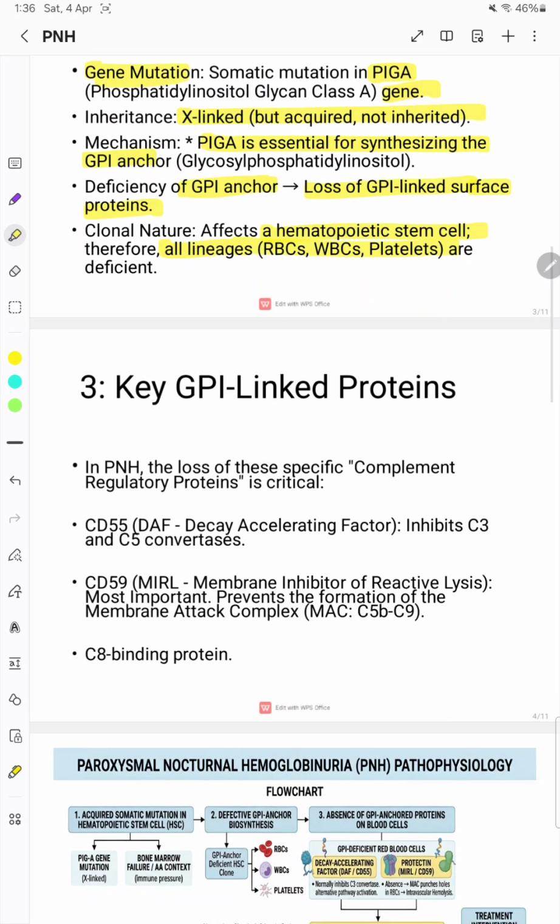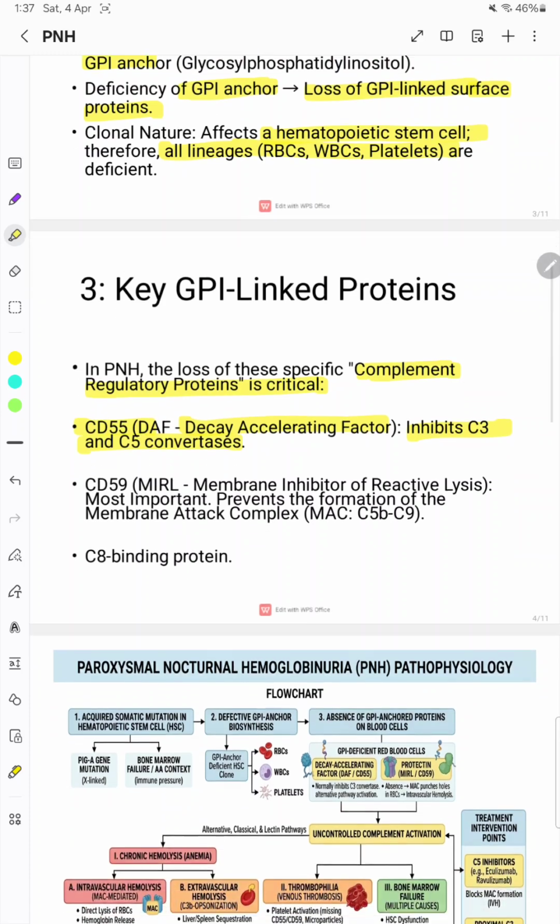So what are the GPI-linked proteins? In PNH, the loss of these specific complement regulatory proteins is critical. The first is CD55, also known as decay accelerating factor. Normally this inhibits C3 and C5 convertases.